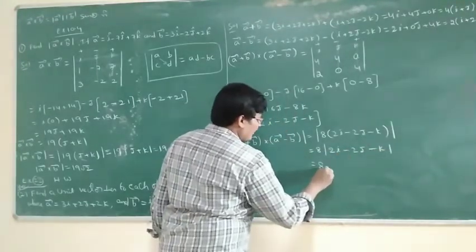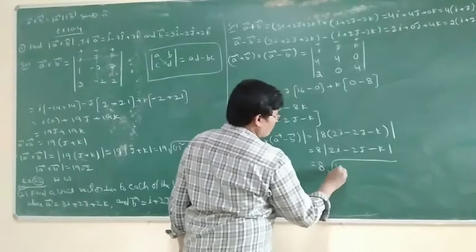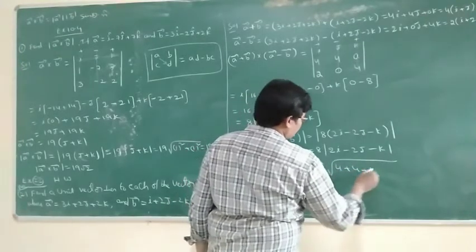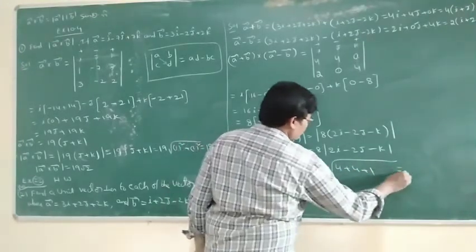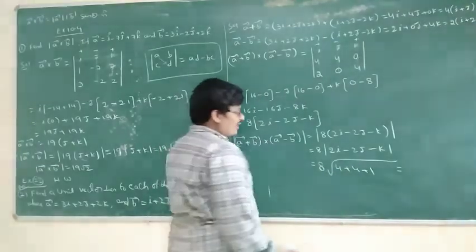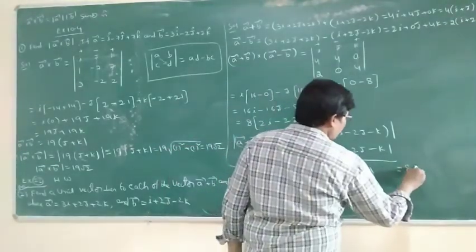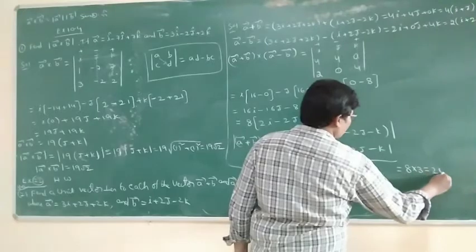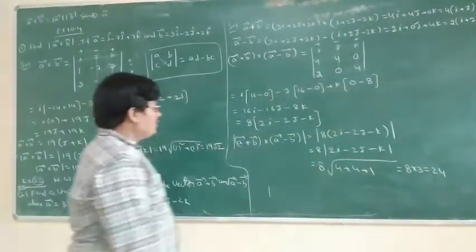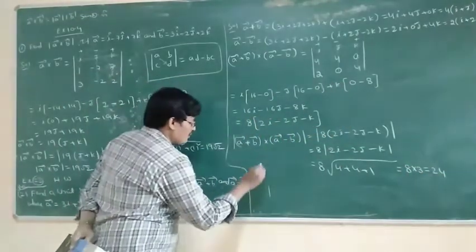So that is equal to 8 into root of 4 plus 4 plus 1, which is 8 into root 9, root 9 is equal to 3, 8 into 3 is equal to 24. Finally, what is the formula?